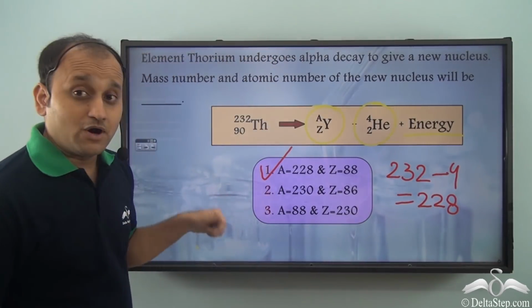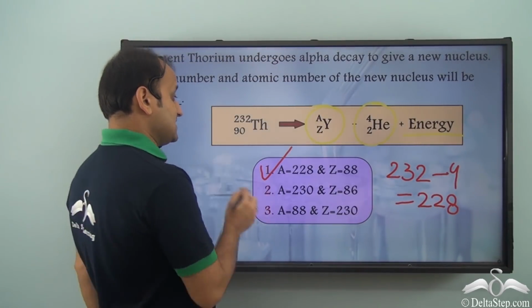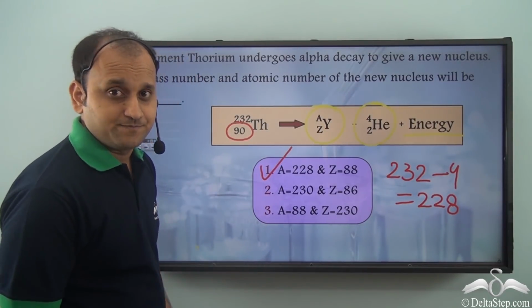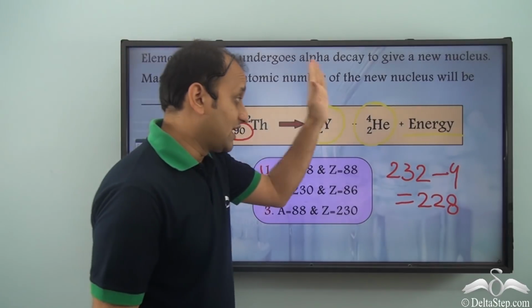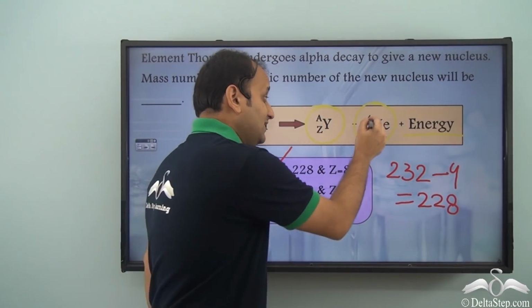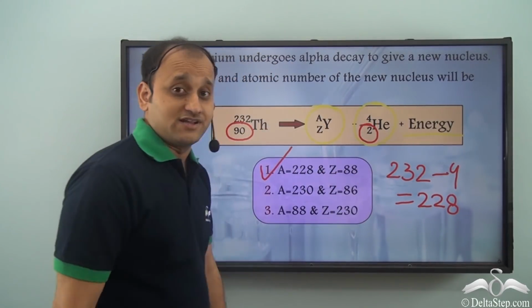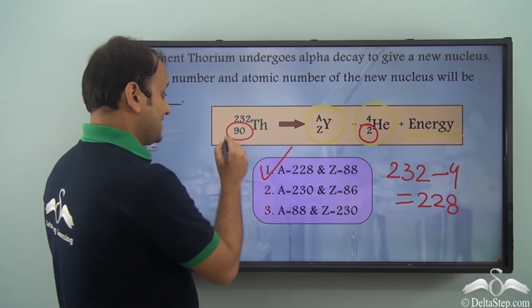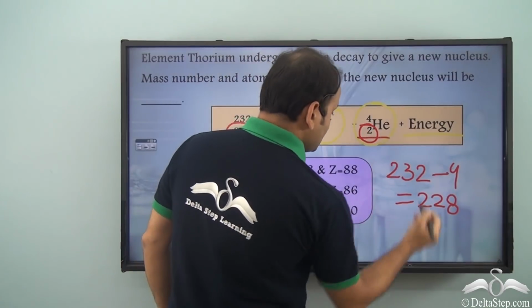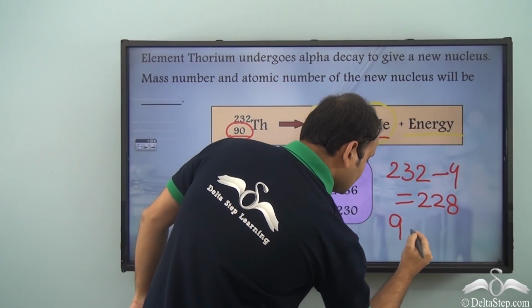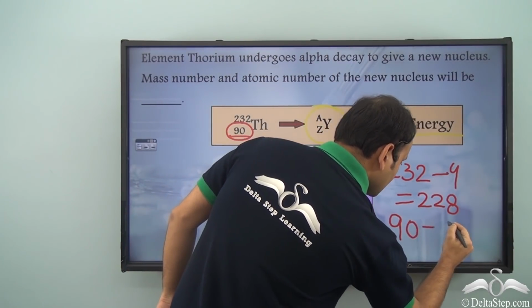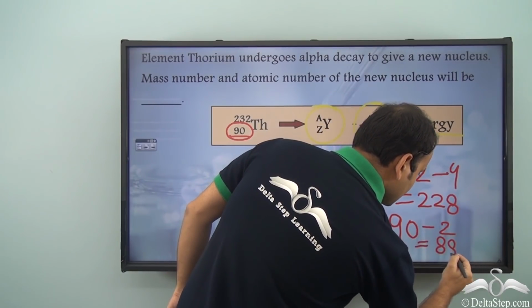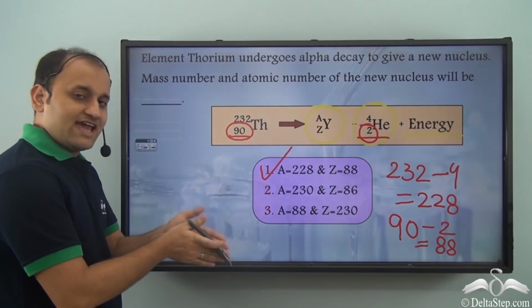Now what about atomic number? Let's see. In thorium, the atomic number is 90. Now when alpha particle is released, then 2 protons are released. So new atomic number will be 90 minus 2, which is 88.